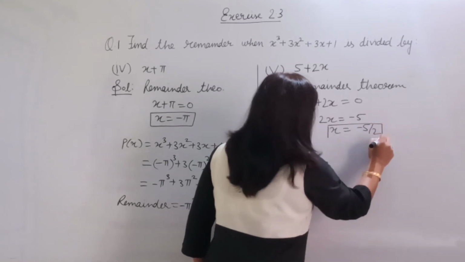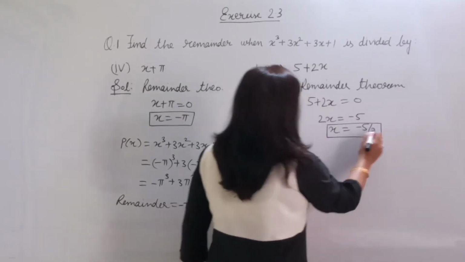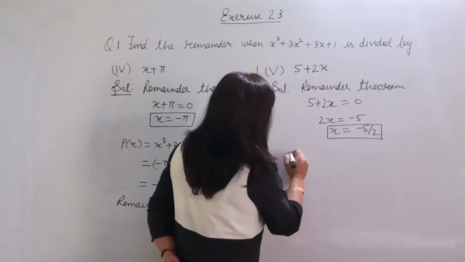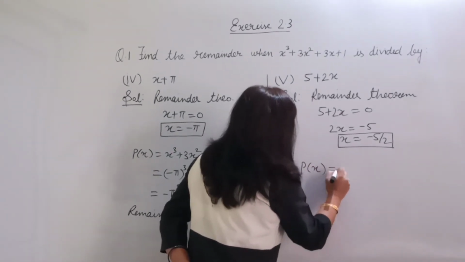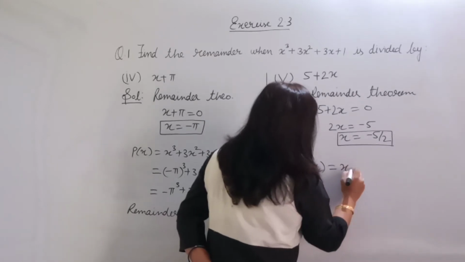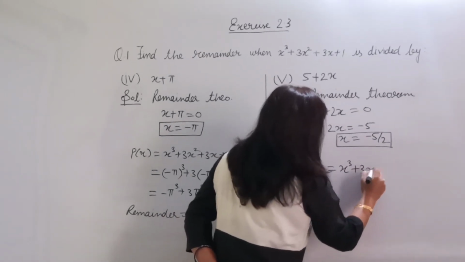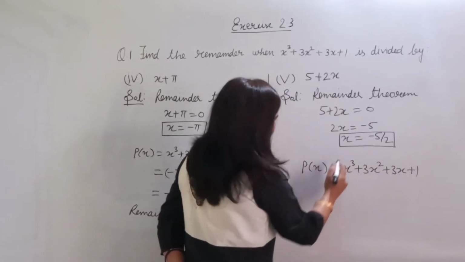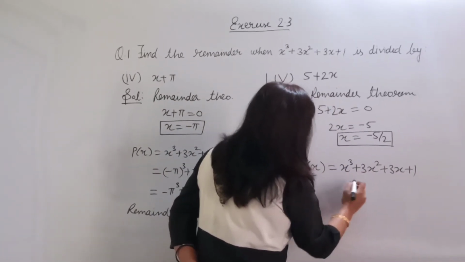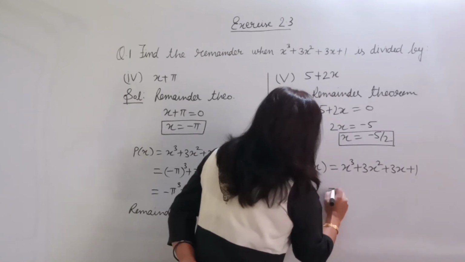So the value of x is equal to minus 5 upon 2. Now our polynomial p(x) is equal to x cube plus 3x square plus 3x plus 1. Now we will put the value of x is equal to minus 5 upon 2 in this polynomial.